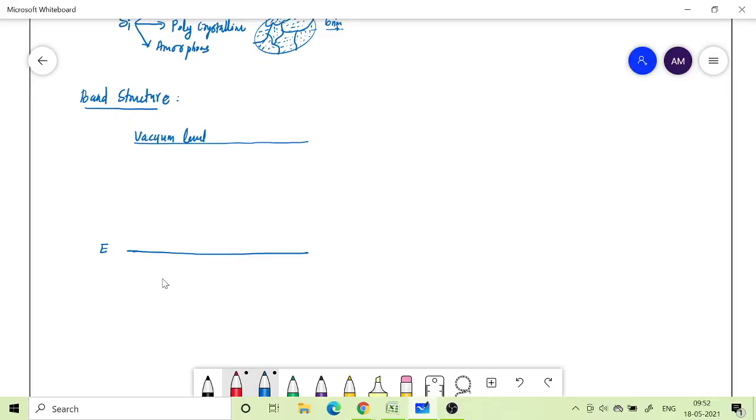What I am drawing is electron energy. This is EFM. What does EFM stand for? F stands for Fermi, M stands for metal. So EFM is the Fermi energy level of the metal.